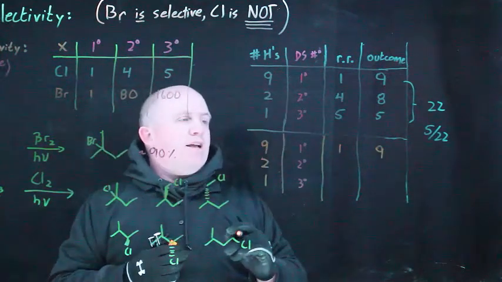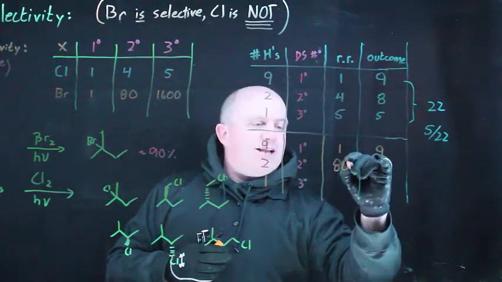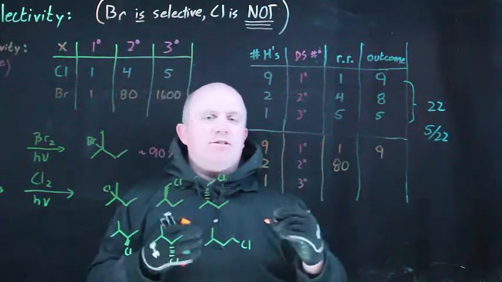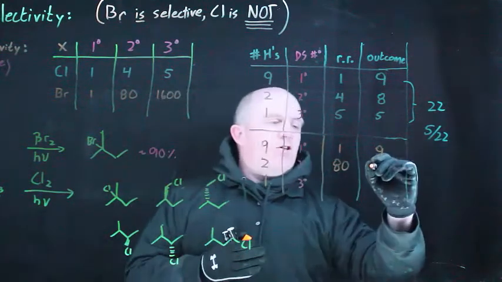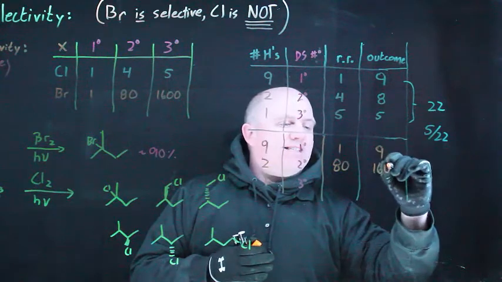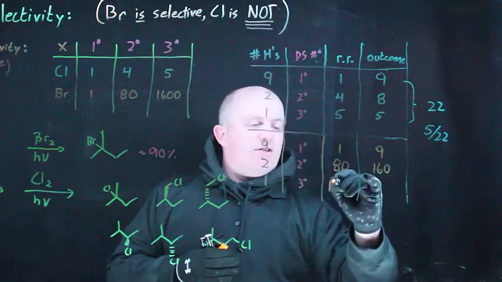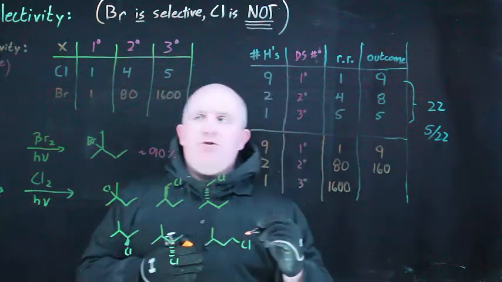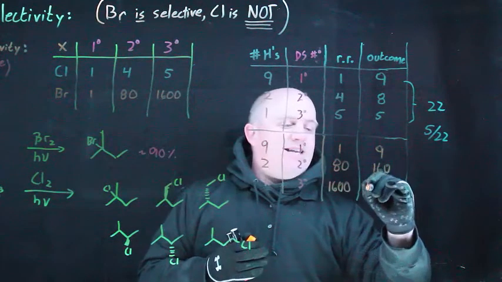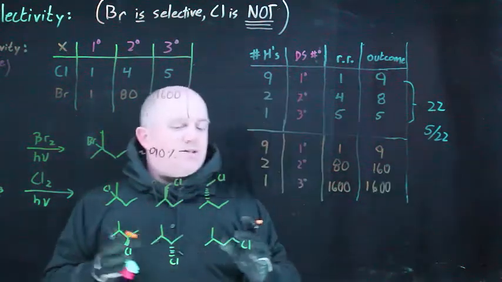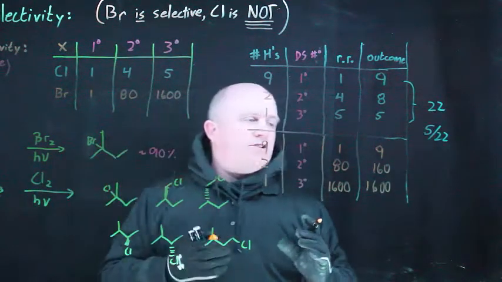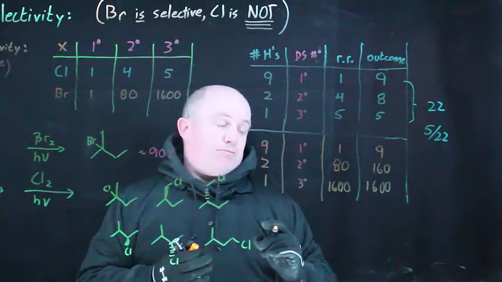Rather than making 4 times as many secondaries, we make 80 times as many secondaries, and there are 2 such hydrogens, so we actually end up making 160 of the secondaries relative to the 9 primaries. And then, of course, we have 1,600 for the tertiary, which means we make 1,600 possible products with the substitution at the tertiary position as opposed to the primary or the secondaries.